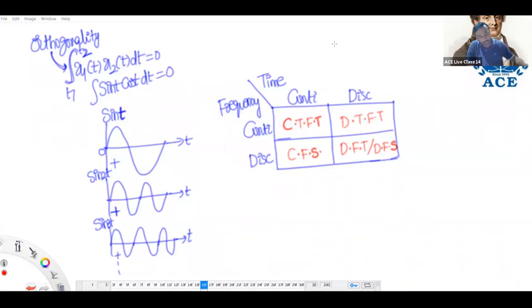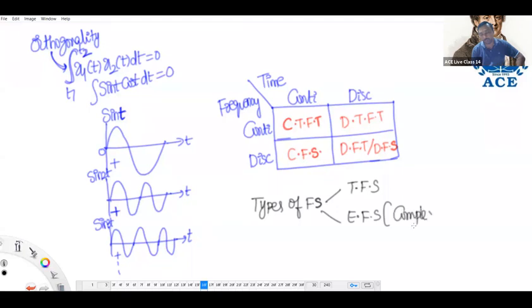So what are the types of Fourier series we are learning? Two forms: trigonometric Fourier series, one form, and exponential or complex Fourier series, another form, sir. We have Legendre and Chebyshev Fourier series also, but they are not useful for us. Trigonometric Fourier series and exponential Fourier series we are learning.